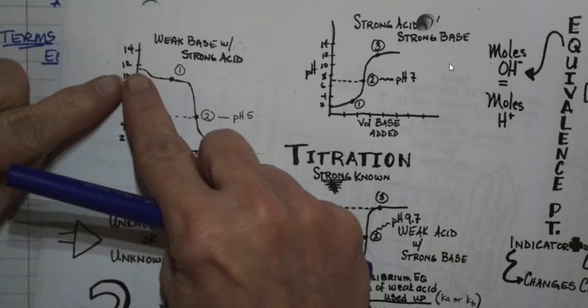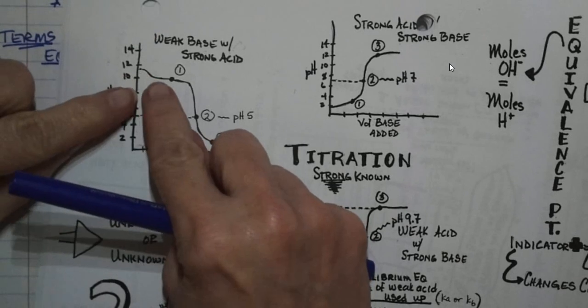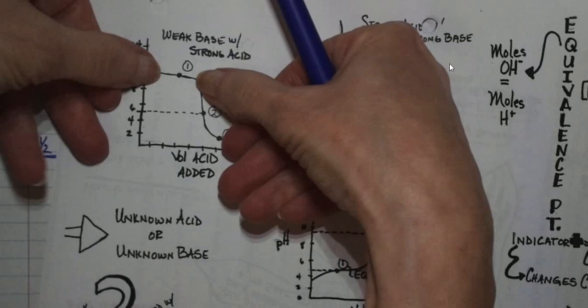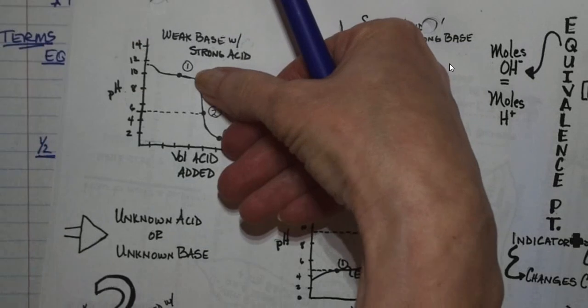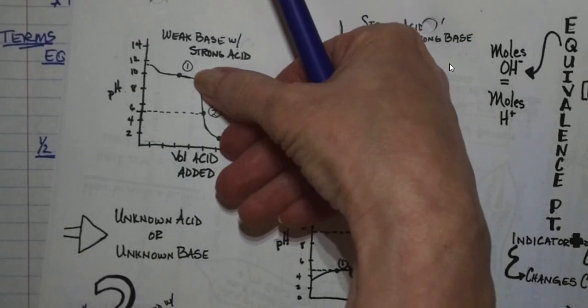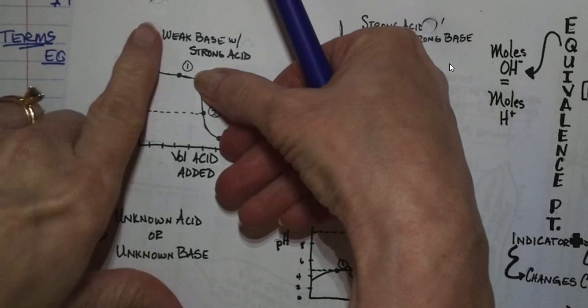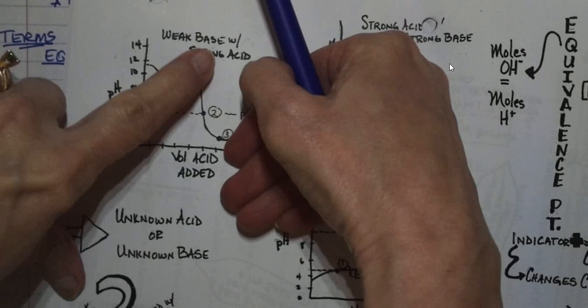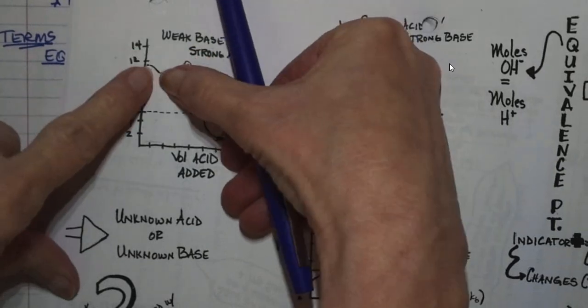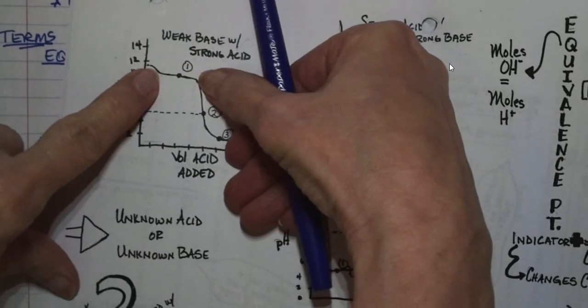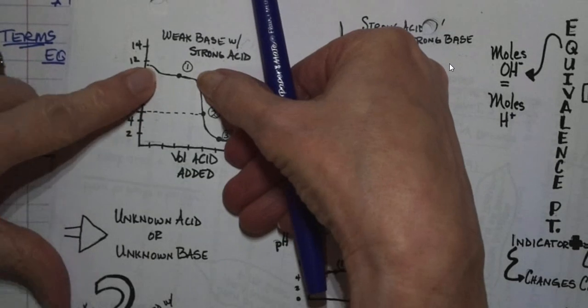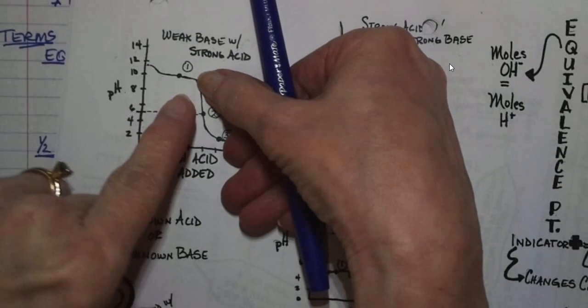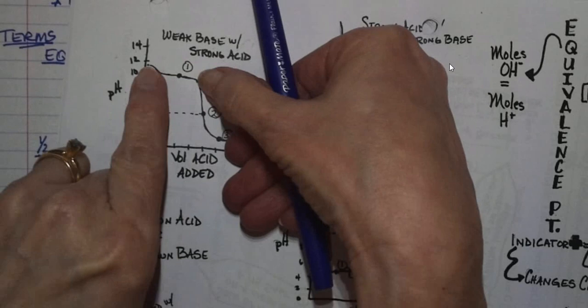I keep adding the strong acid to this. I've got a weak base, right? It starts off when the pH was way up here, and I'm titrating with the strong acid. At first it goes down, and then it levels out for some strange reason, and you'll have to know why. Then when we get to the halfway point of this buffer area, even though I keep dropping in that strong acid, that's called the half equivalence point.